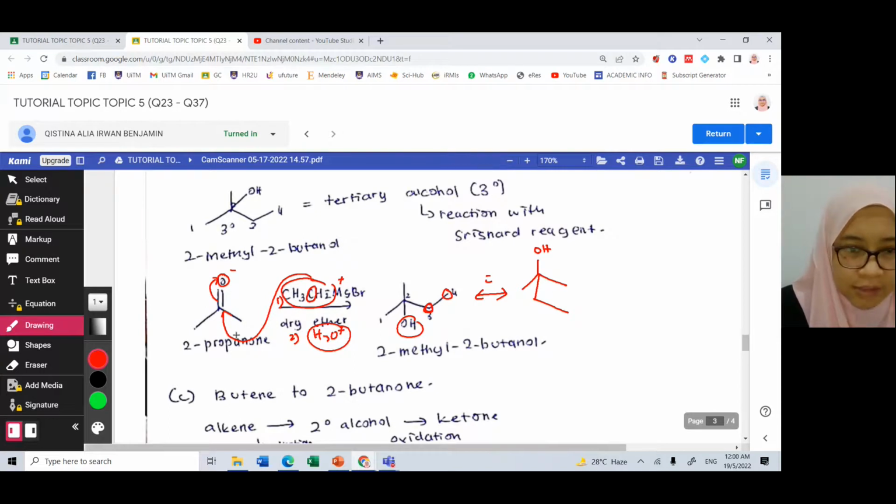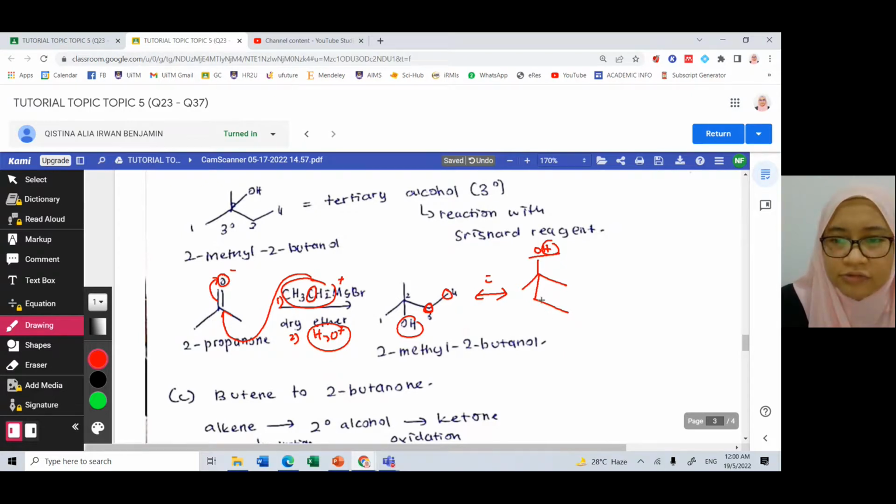You just attach the alkyl group of the Grignard reagent to the electrophilic carbon attached to the oxygen. And then don't forget the oxygen should be attached to hydrogen, so it becomes OH.